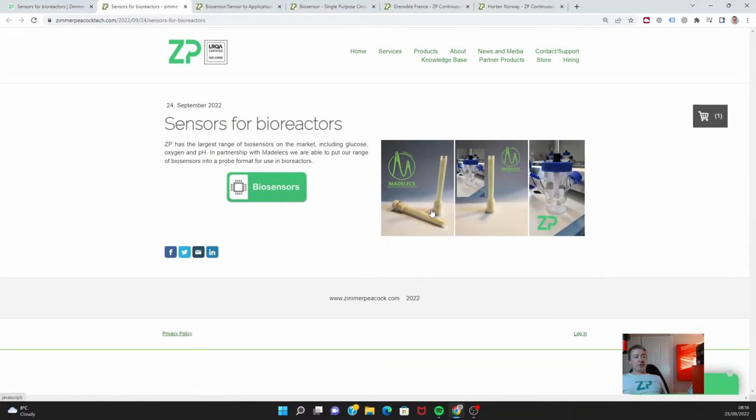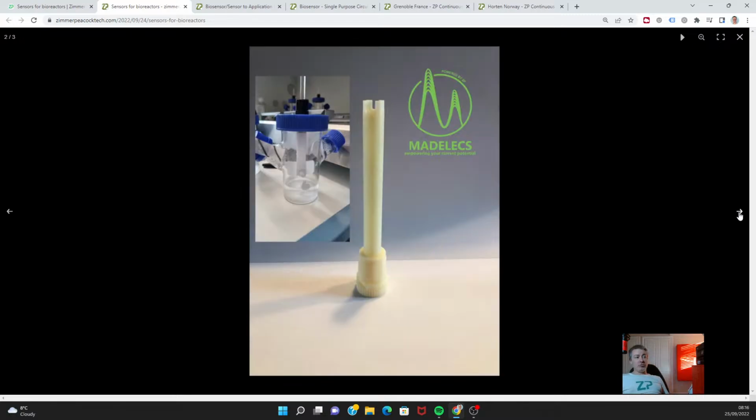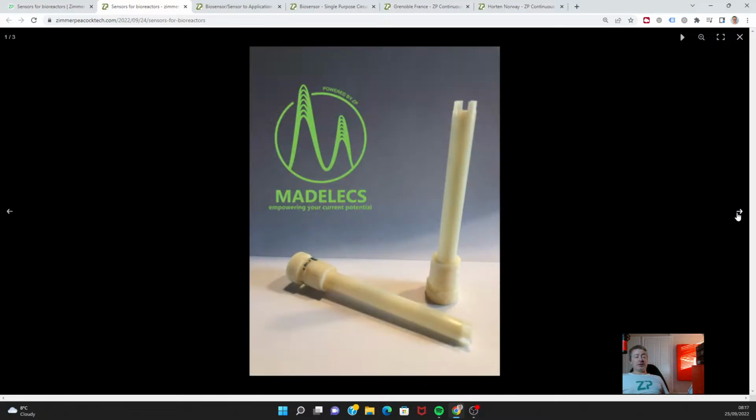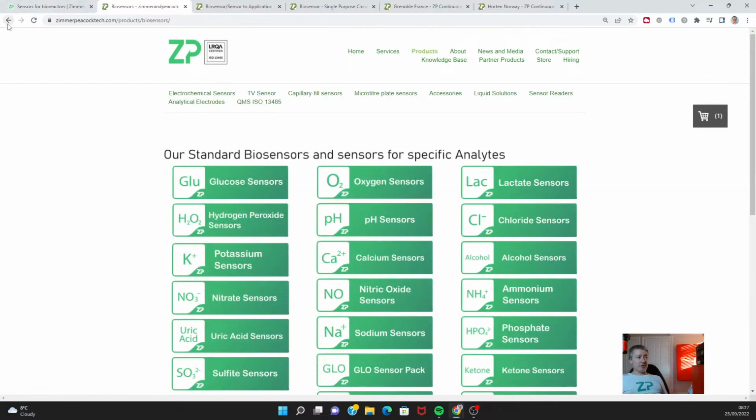And so what we've done this week is shown that we have these rod adapters that allow us to take our sensors off the web store and essentially embed them in a rod format. And if we embed them in a rod format, then that will allow us to put the sensors into bioreactors. So that's a nice feature, let's say, and something that we have definitely done this week.